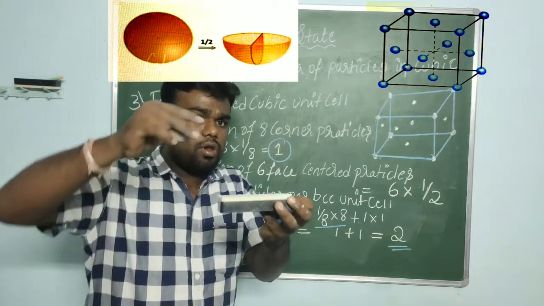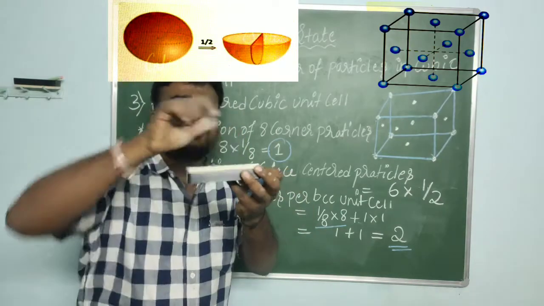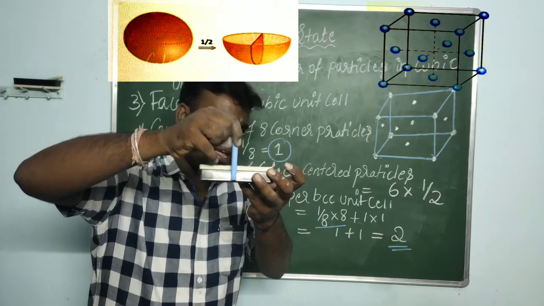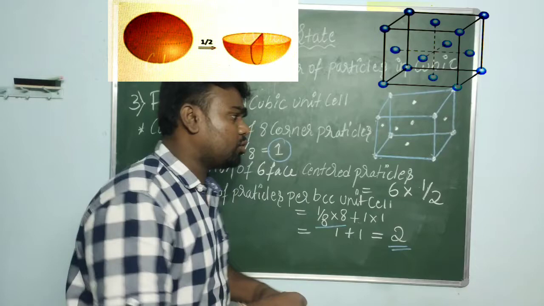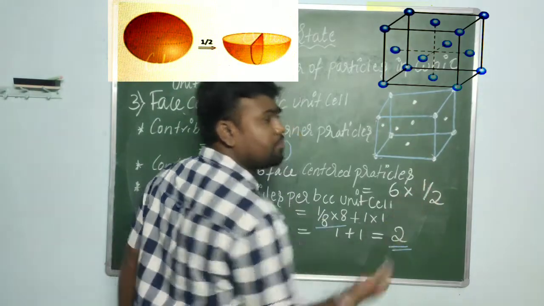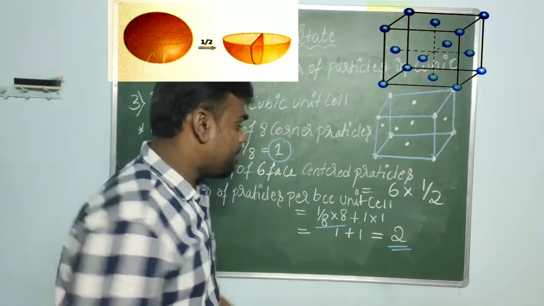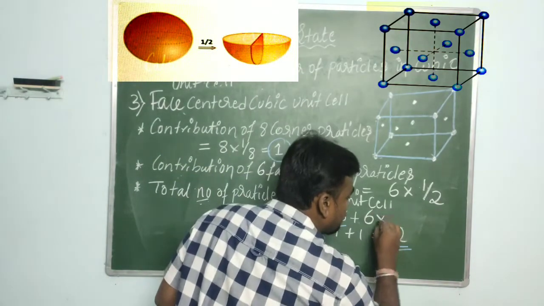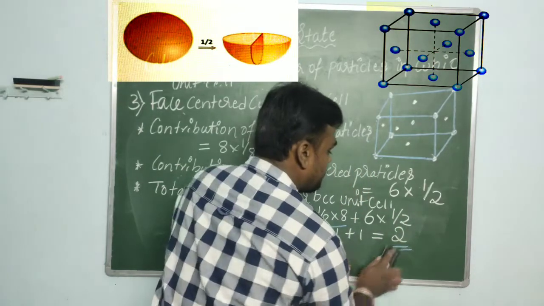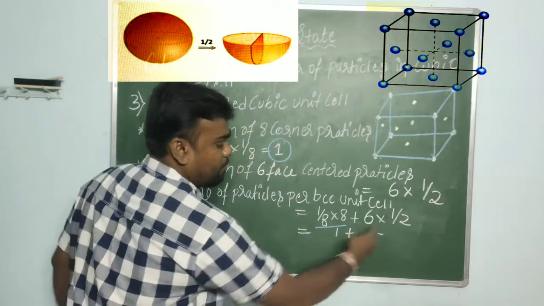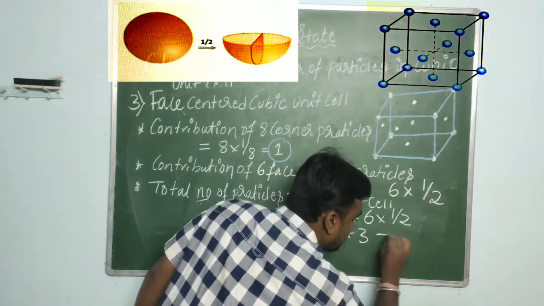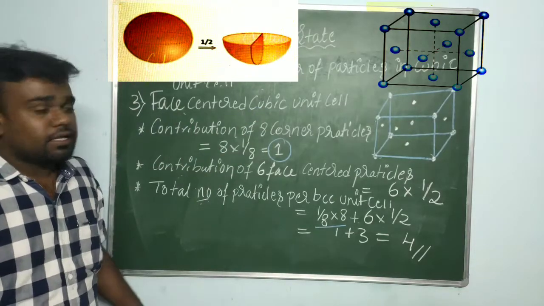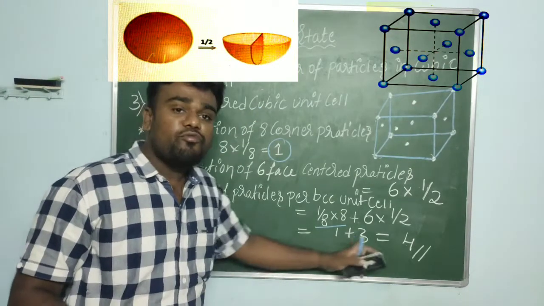If you keep it, only half will be situated in the plane and half will not occupy it. For that reason we take half for the 6 faces. Half occupies the cube. Similarly, 6 into half, therefore 1 plus 3 gives 4. In a face centered cubic unit cell, the number of particles present is 4.